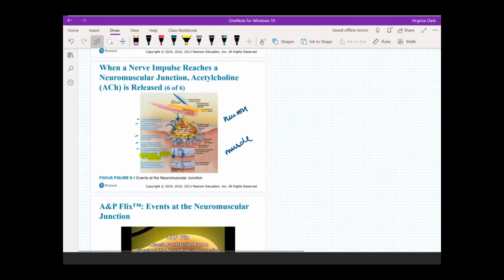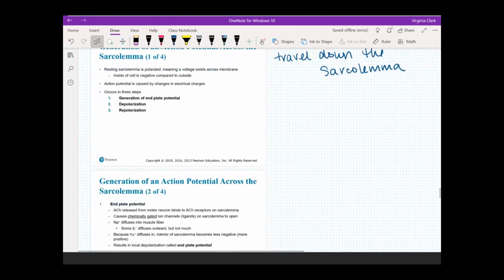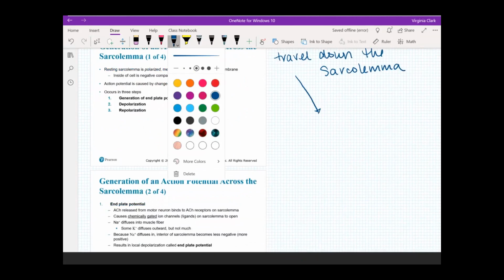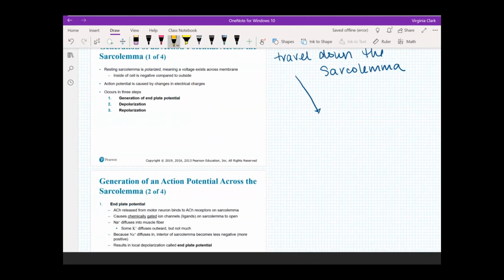What we mean by action potential traveling down the sarcolemma is, let's draw it down here. If we have our neuron connecting here and we have our muscle fiber here, everything that we've just talked about happens here, at the neuromuscular junction.